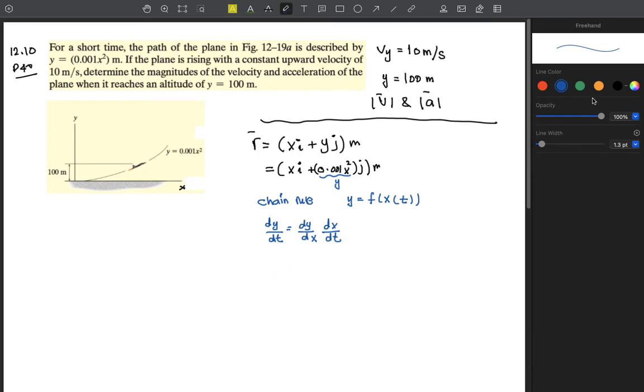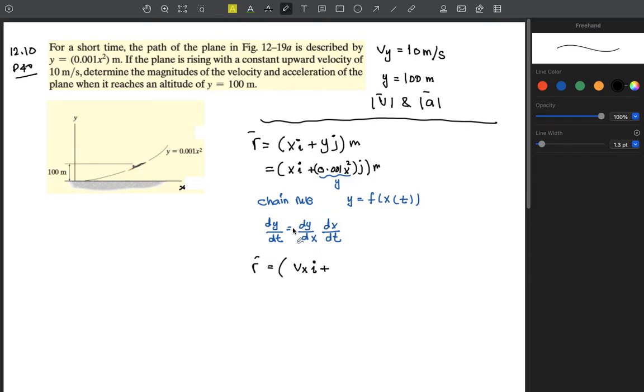So now the derivative of r equals the derivative of x with respect to t, so this is vx in the i direction, plus, now, what do we do with this term? Y is a function of x and x is a function of t.